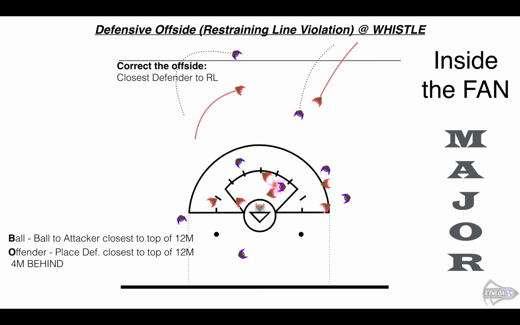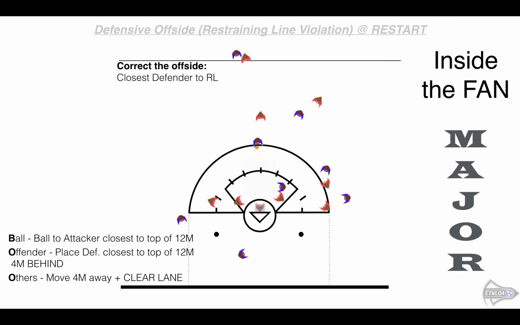Also, the defensive player closest to the top of the 12-meter will be placed 4 meters behind the free position shot, the free position. All others will be moved 4 meters away from the free position, and the lane will be cleared. So here we'll see the offsides corrected.